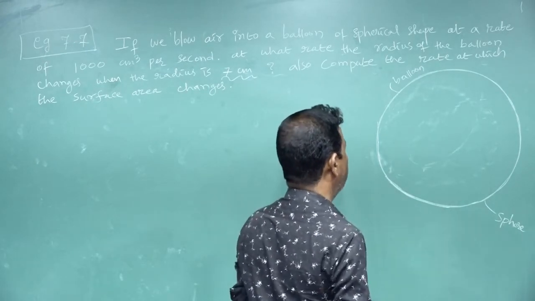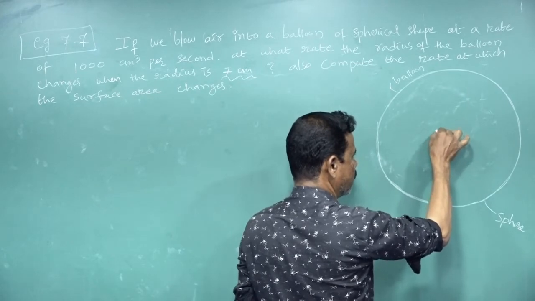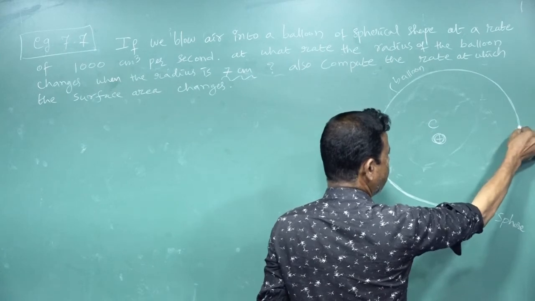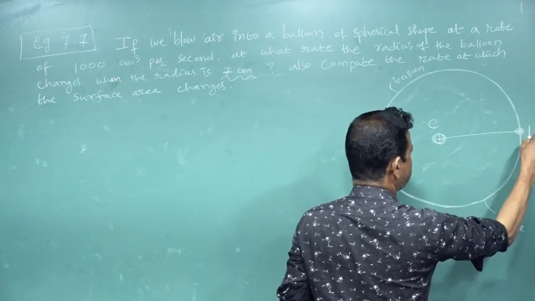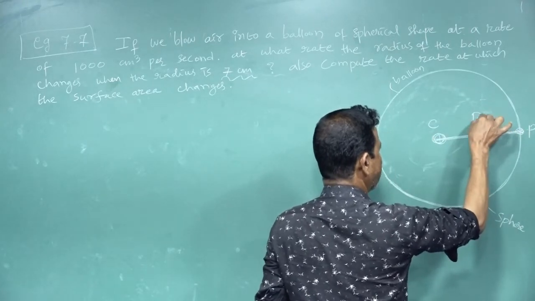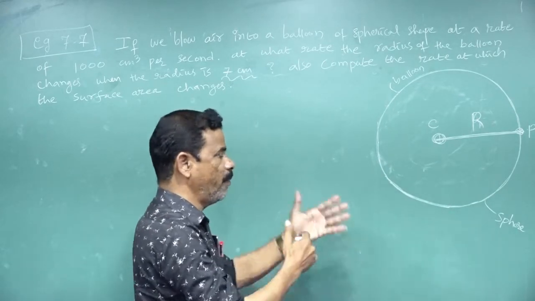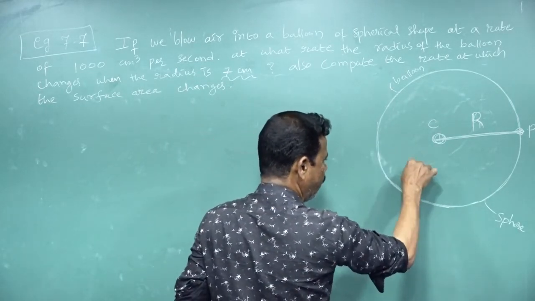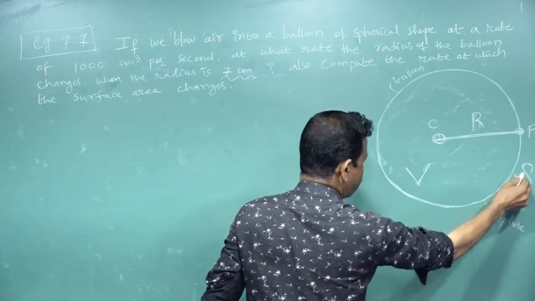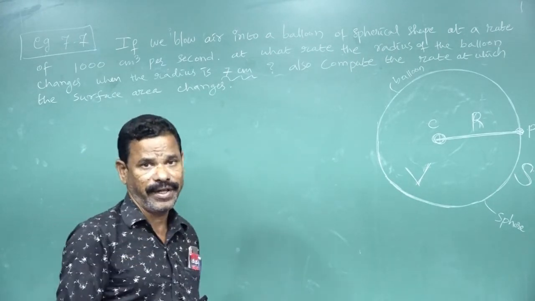Spherically shaped balloon. The balloon has one center, this is called center C. Any point on the sphere is, let us say, P. This is the radius, taken as R. R denotes the radius. This spherical balloon has volume V and surface area S.